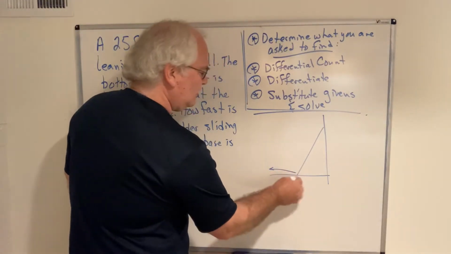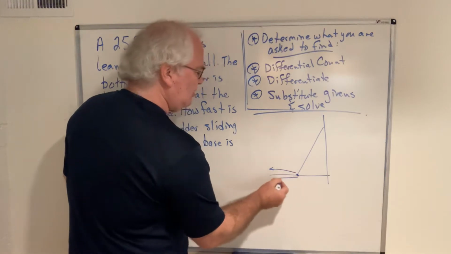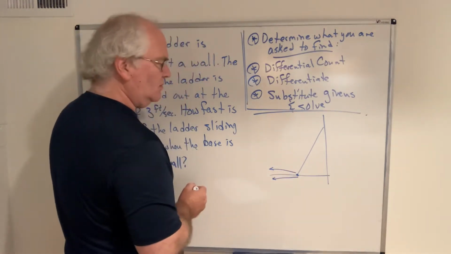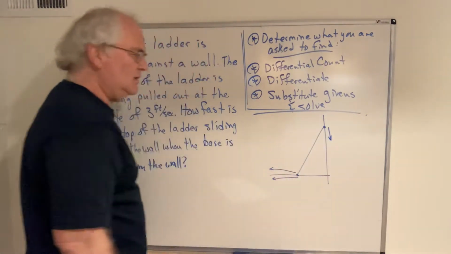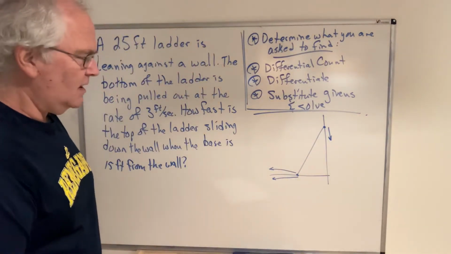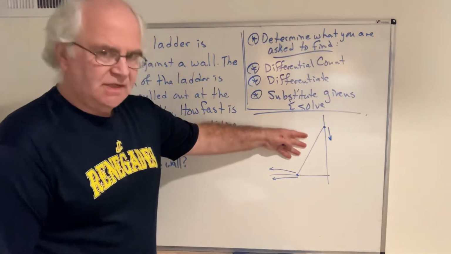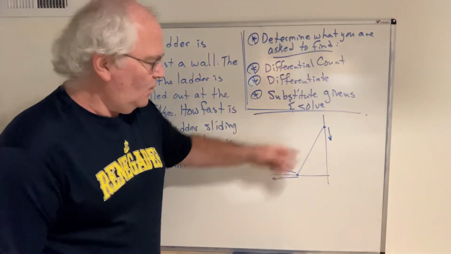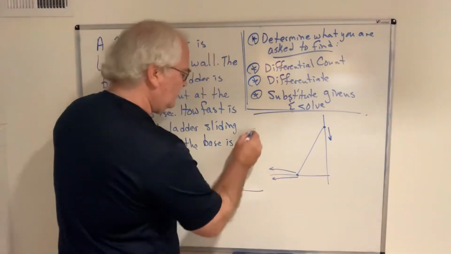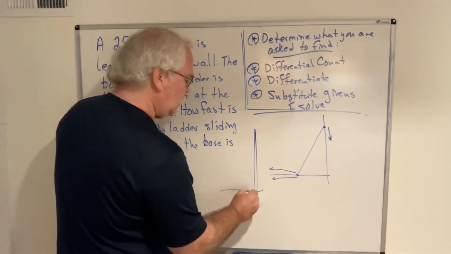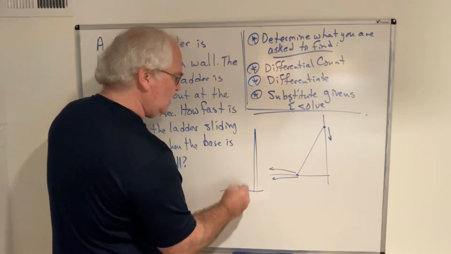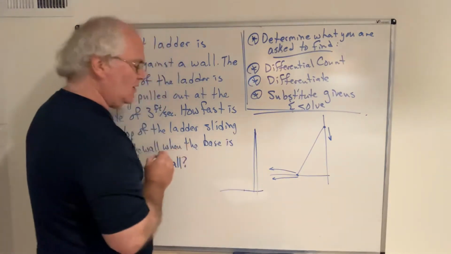If the base of the ladder is being pulled away from the wall at a certain rate, then the top of the ladder is going to slide down the wall at a certain rate. It is not necessarily the same rate. At the very, very start, if the ladder is almost vertical, then you can pull this out 2 feet, the top will barely slide down at all.